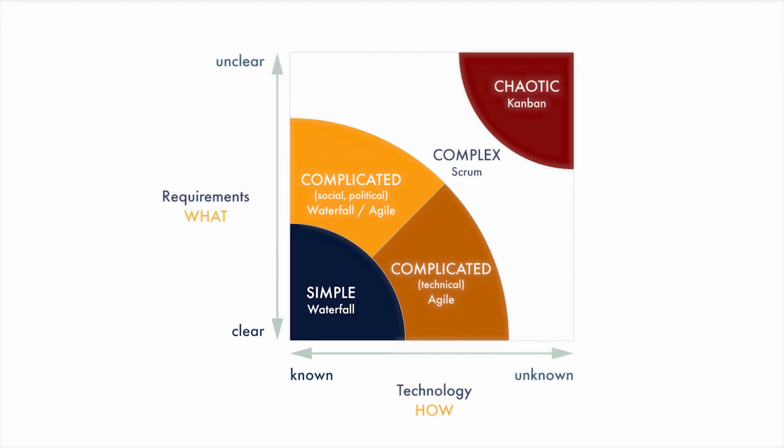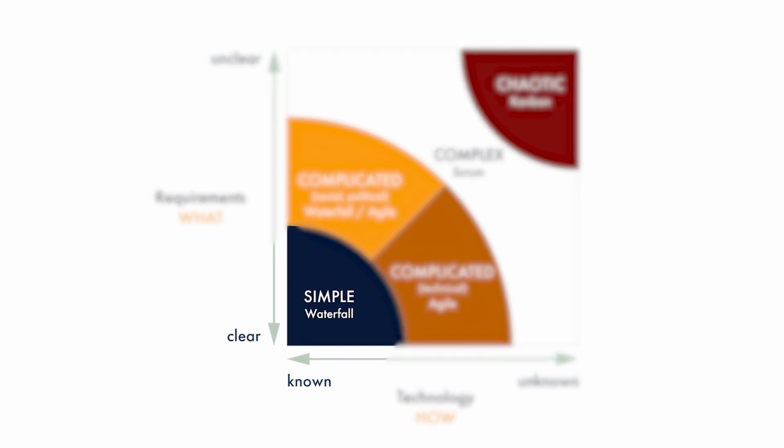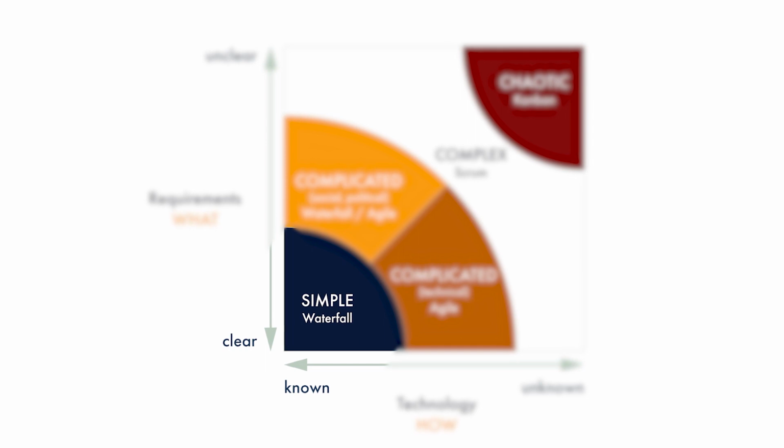I don't build houses, so I'm not sure if this is right, but after that you're going to fit the kitchen and so on. And you can follow a step-by-step process. Over the 6 months that it takes to build this house, the chances are what the customer wants is not going to change, and the way that you build the house is not going to change either. So on the Stacey Matrix, it's going to fall into that lower corner where you know the technology and you know the customer requirements.